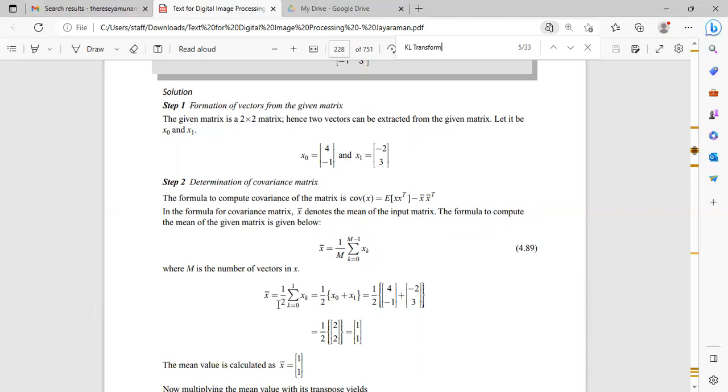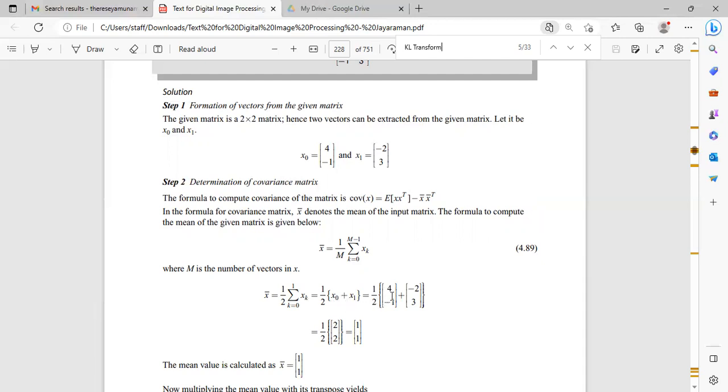So this is nothing but 1 by 2, since for M you substitute 2, k equal to 0 to 1, because M equal to 2. Xk, which means 1 by 2 times, for k you substitute 0 and 1, X0 plus X1.